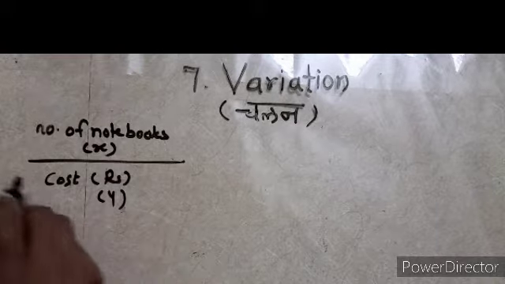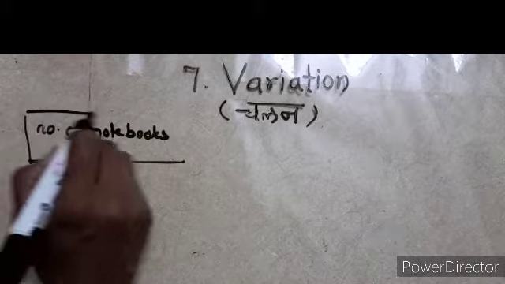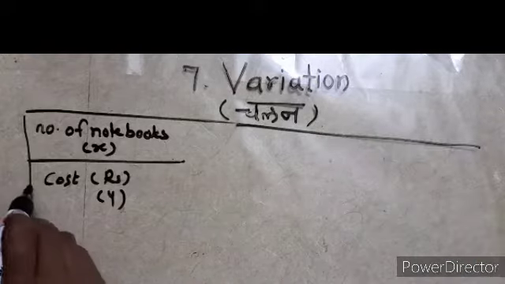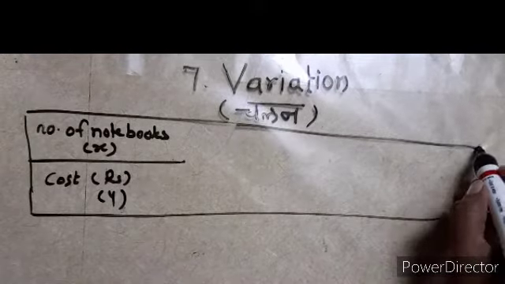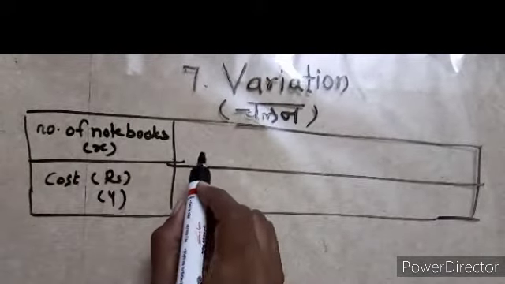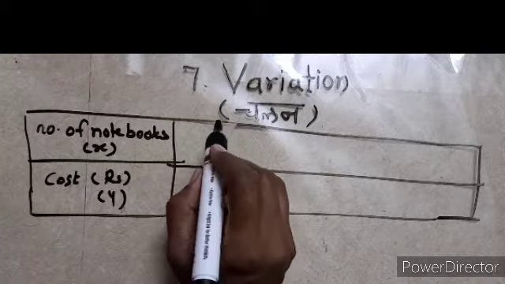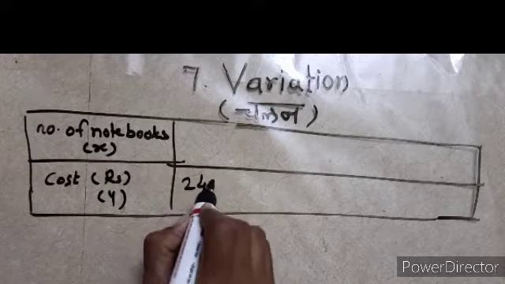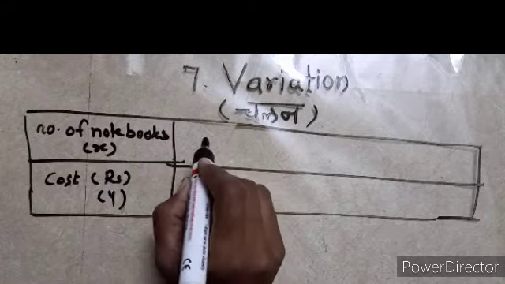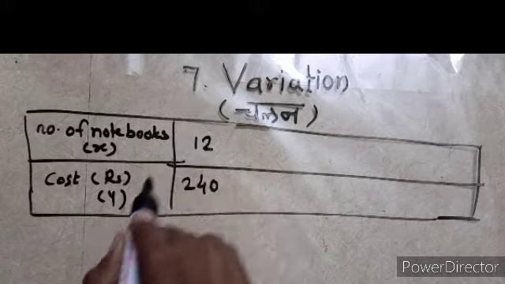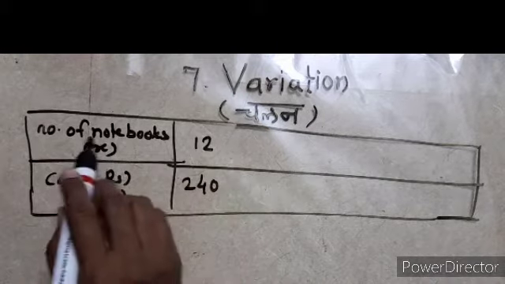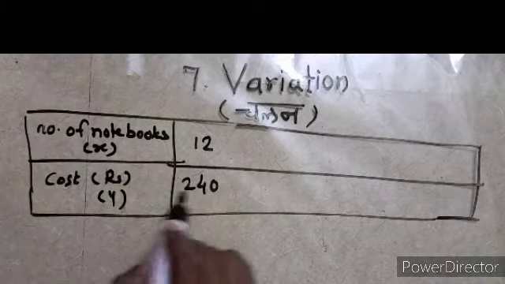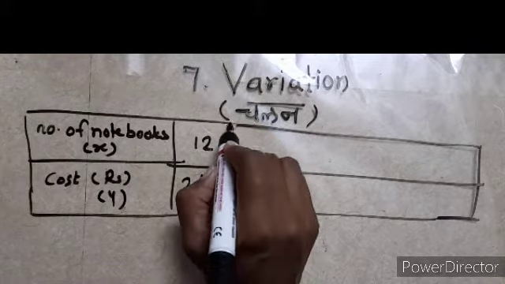It is considered as Y. Then you have to complete this chart. If the rate of a notebook is rupees 240 per dozen, it means to buy 12 notebooks we have to pay rupees 240.